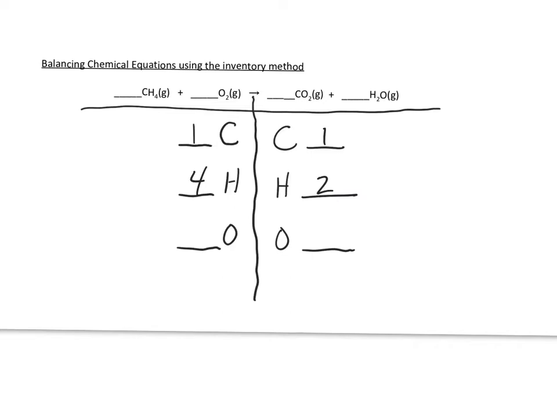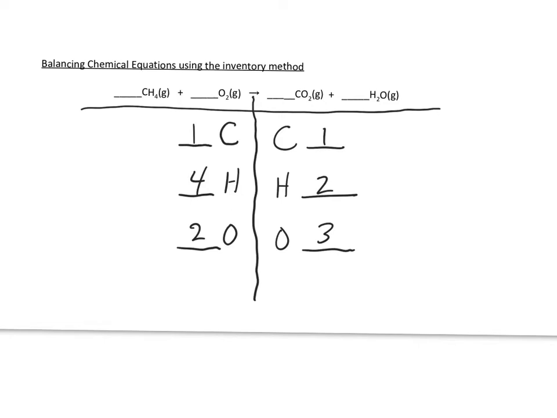And then on the reactant side, we have 2 oxygens, and we have 3 oxygens here. We have 1, 2, 3 oxygens on the product side.